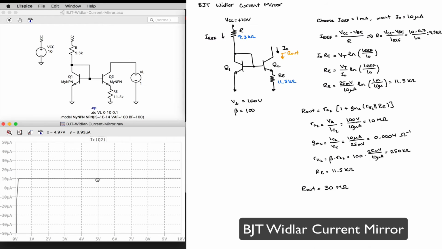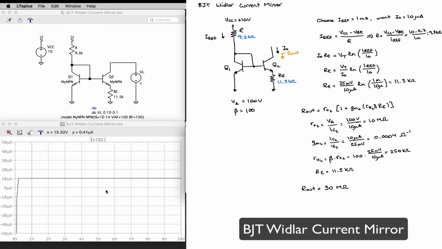So I'll put my cursors. I'll go ahead and measure from 1 volt all the way to 10 volts. There we go. And we can see that we've improved it by an order of magnitude, because before we had something e to the minus 7, now we have something e to the minus 8.